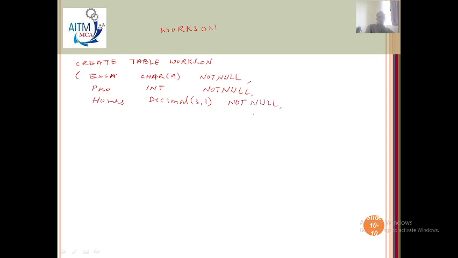Which is the primary key in this table? ESSN and project number together. Yes, exactly. ESSN and PNO together are the primary key.